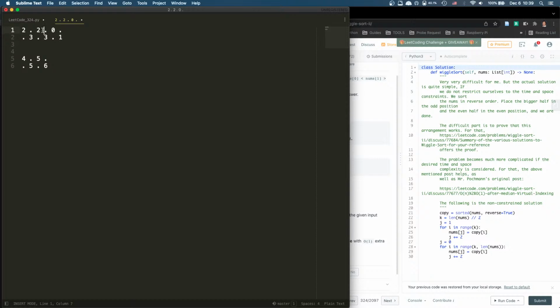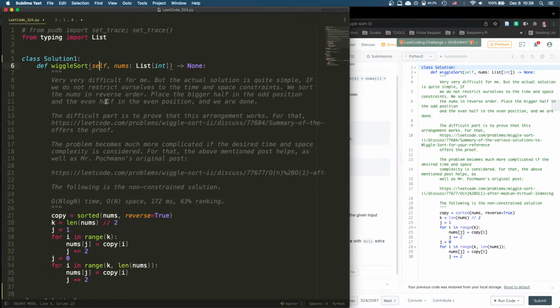Therefore, given a wiggly sorted array, we can always perform a finite number of swaps such that the evenly positioned values are always no larger than the oddly positioned values. So that is the basis for solution number 1.